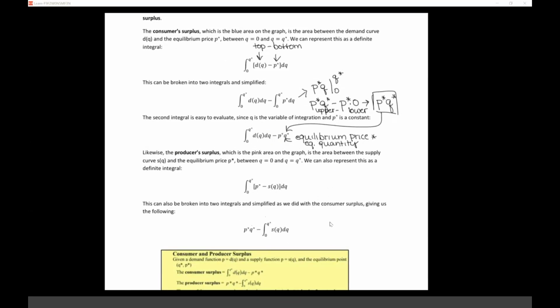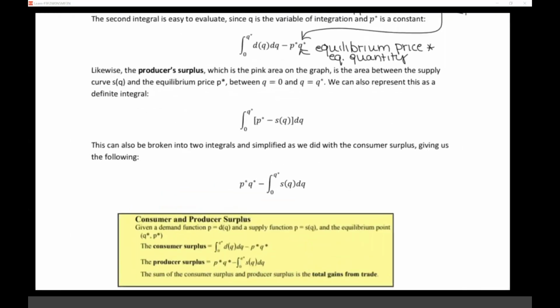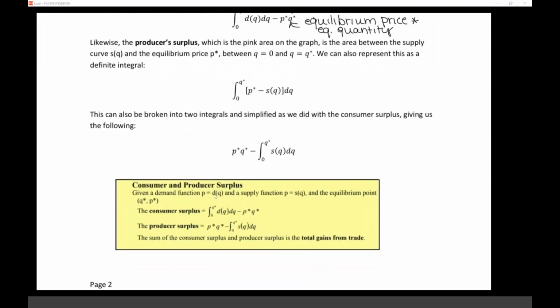So when you're all said and done, here's what you wind up with. You have to be given a demand and a supply function and an equilibrium point, or at least enough information to figure it out. Then you've got consumer surplus here and producer surplus here.